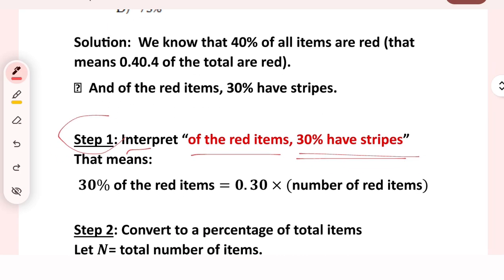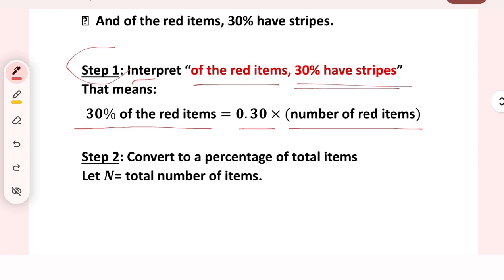To translate that into an equation, it is 30% of the red items. 30% is 0.3, and you multiply it by how many red items there are. That's how you convert it: 0.3 times the number of red items. That is 30% of the red items.